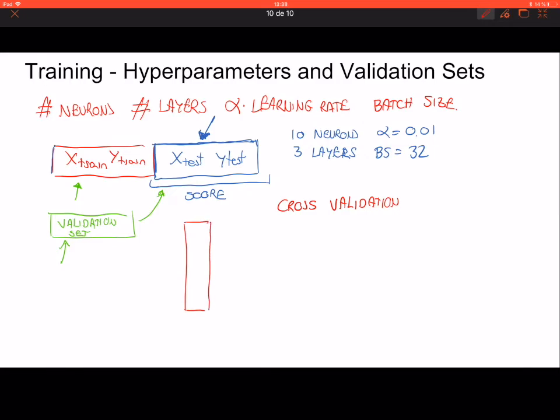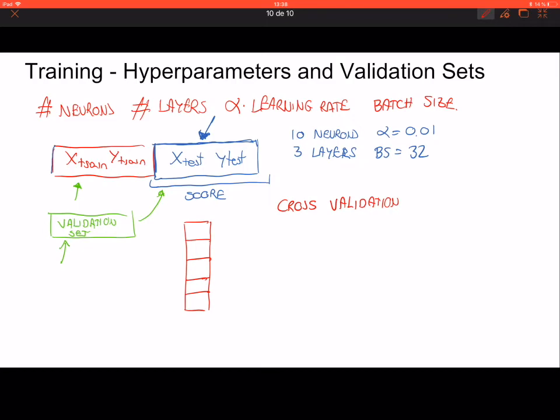And the way you do this is essentially you first divide your data, you split your data in, say, 5 different subsets. This could be 5 or could be 10. This is another thing you need to choose based on the amount of samples that you have. For this particular case, we're just going to split our data in 5 subsets.